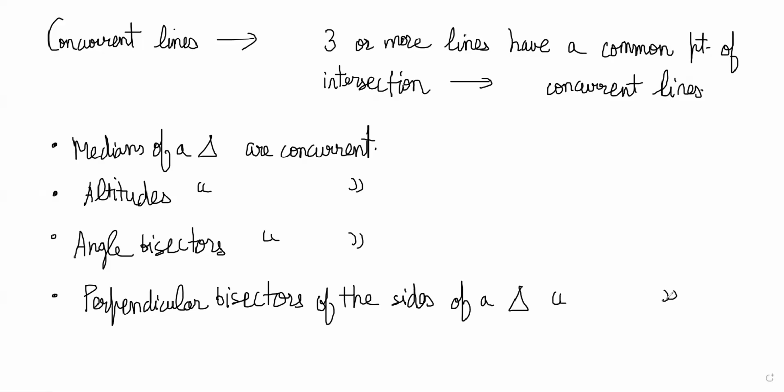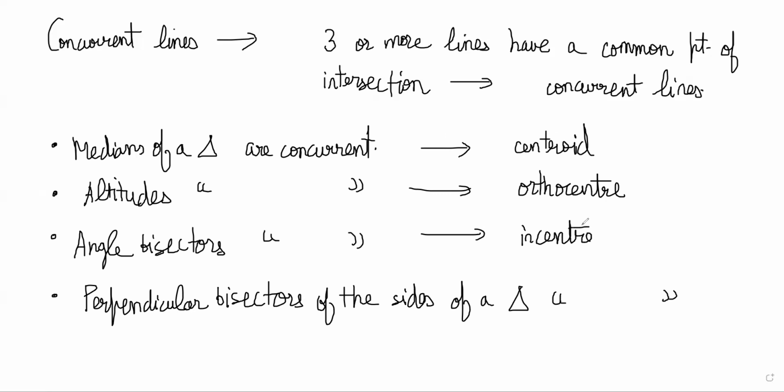And the point of concurrency in each case has a name: centroid, orthocenter, incenter, and circumcenter. Now, the detailed theory for and the properties of these you must have done in your properties of triangle chapter in trigonometry. So I will not go into too much detail. However, you should always be able to figure out this stuff.